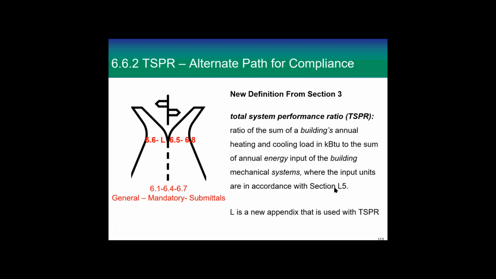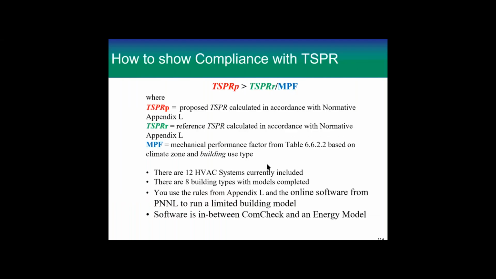Now, L5 is a new appendix. Section L is a new appendix that is used with TSPR, and the real rules are there instead of in this 6.6.2, because there's a lot of rules. But this is the way it works.